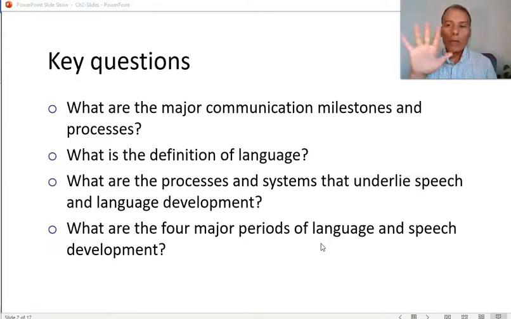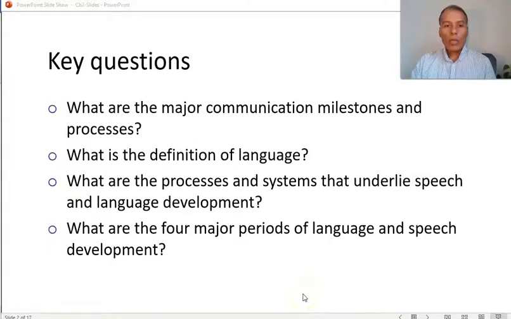There are five major components of language that we will discuss, and then we will take each one of them and explain when each one begins to develop and the milestones, the major skills that someone obtains or develops at a particular stage in time. So that's what a milestone is.